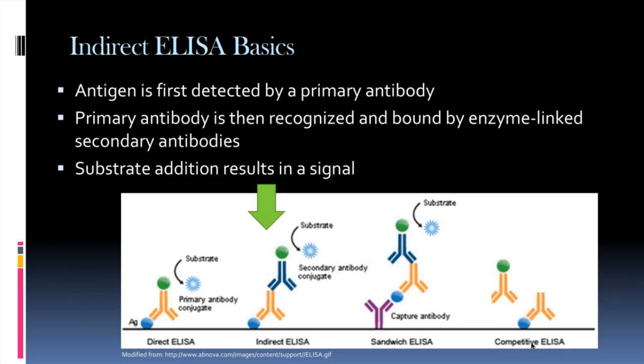That primary antibody is then recognized and bound by a secondary antibody, which is enzyme linked. The enzyme-linked antibody is what then reacts with the substrate when it's added, and that enzyme-substrate reaction results in a signal that is quantified. So it's similar to the direct ELISA, you just have a second antibody slotted in there.